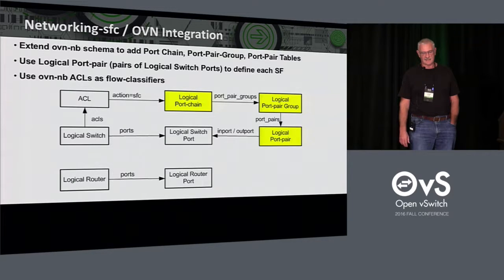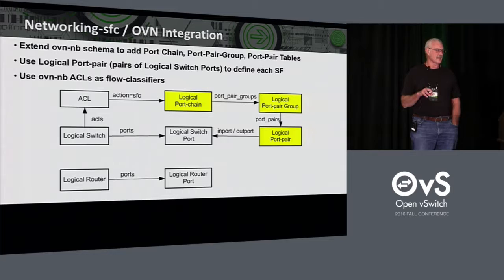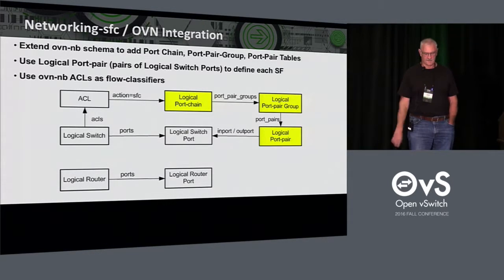What we intend to do is add an ACL extension: an ACL action with an SFC action, which would direct the traffic that matches the ACL into the port chain. We then have the port chain, another table called the port pair group table, and the port pair tables, which reference the individual logical switch ports.